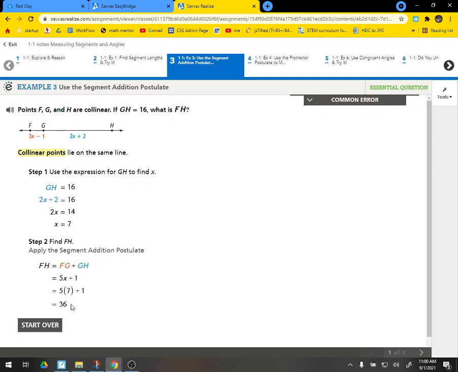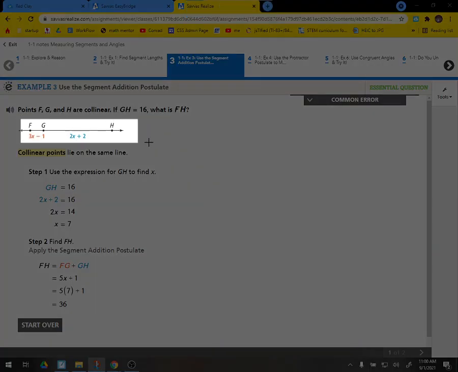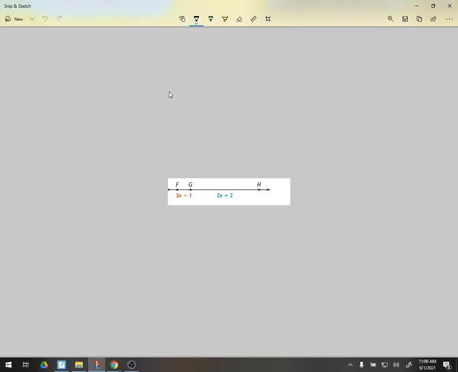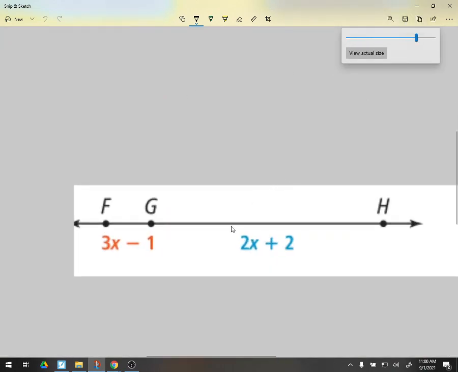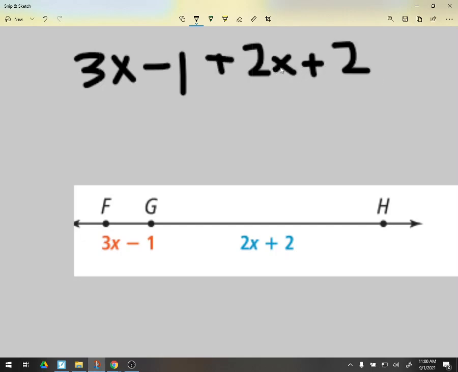So 5x plus 1. Oh, interesting. They did this differently than I did it. So what they did was they took this and they said, hey, these 2 things added together is the whole thing. So they said, well, I know that 3x minus 1 plus 2x plus 2, that's equal to the whole thing.